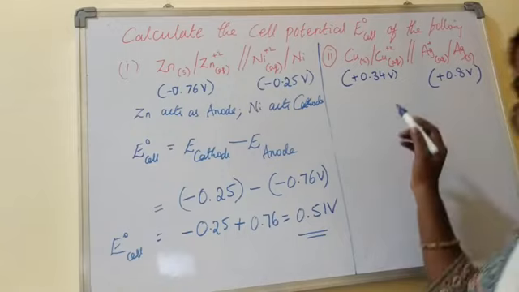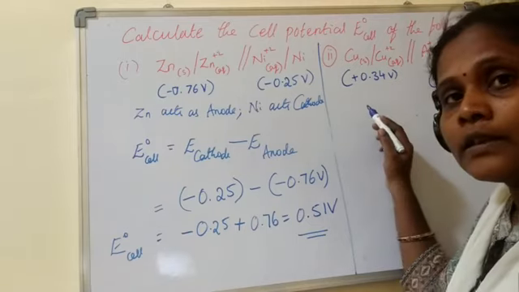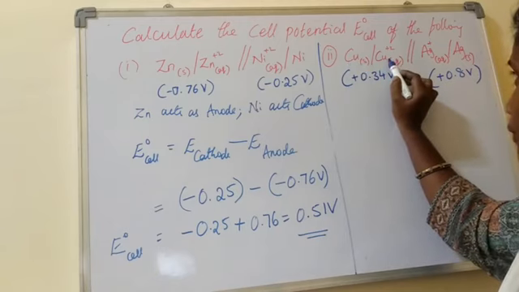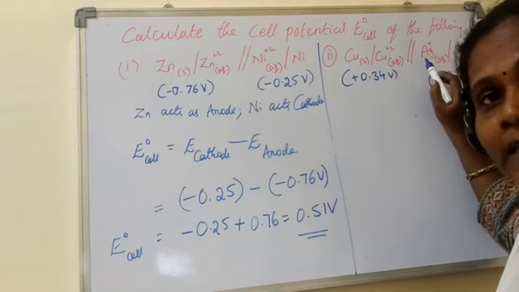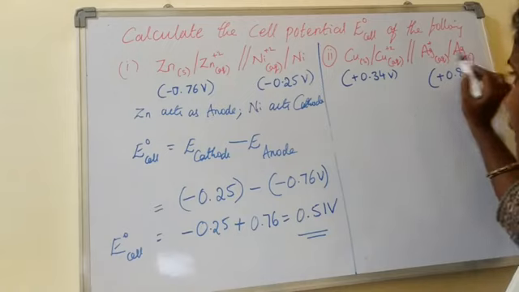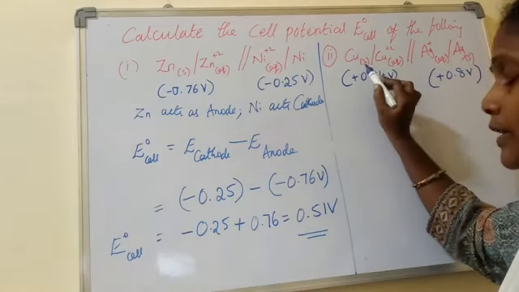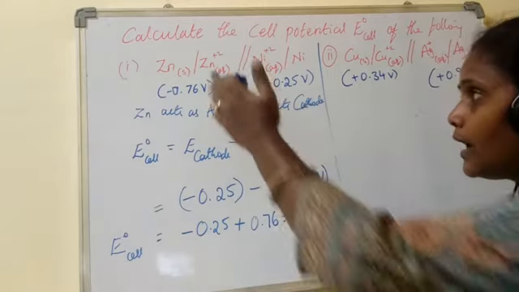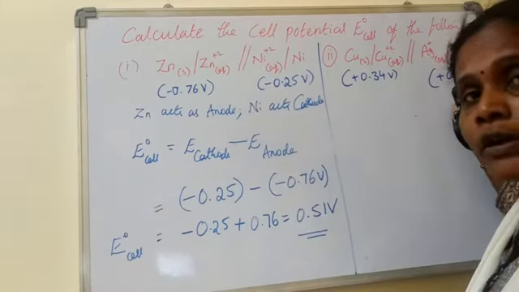Similarly, you can calculate in this. So here I have given copper converting into copper plus 2 and silver plus converting into silver. So by looking at it, of course, the galvanic cell representation itself is telling us the left side is anode and the right side is cathode, right?